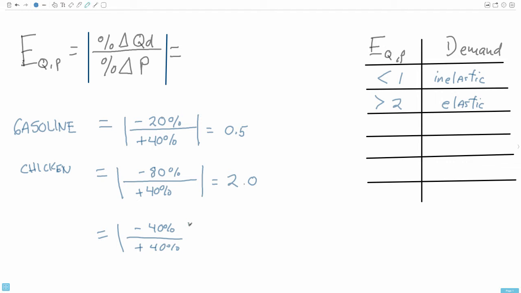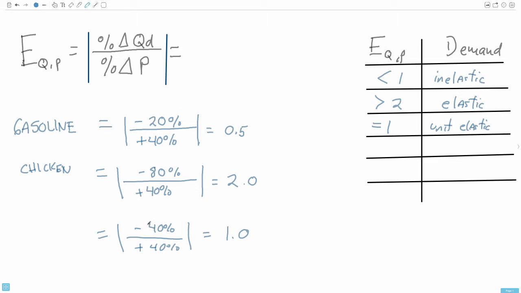Well, this is clearly going to give you a price elasticity of demand of 1.0 because the numerator and the denominator are exactly the same amount. This is not very common. This is actually very rare, but mathematically possible. The price elasticity of demand equal to 1 is what we call unit elastic. The demand is unit elastic, which means not very responsive, not very irresponsive, it's just unit elastic.